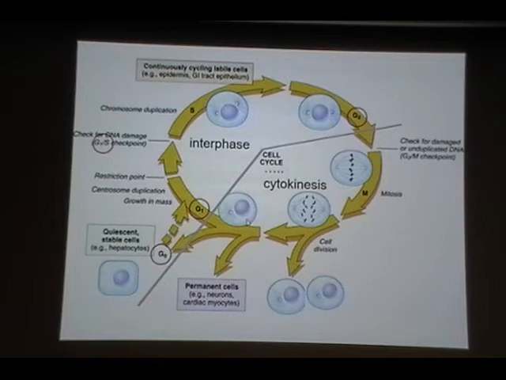In these cells, the whole cell cycle can be divided into different phases. One is interphase, in which the cell undergoes a lot of DNA replication, RNA synthesis, and protein production. We also have cytokinesis, in which one single cell physically becomes two cells.